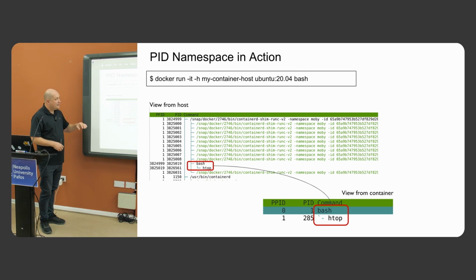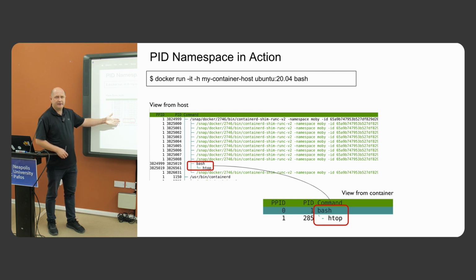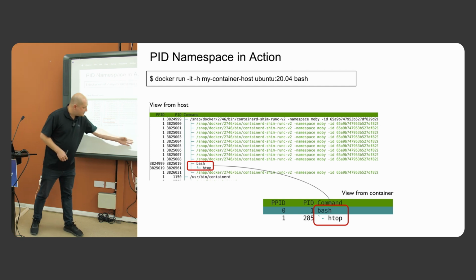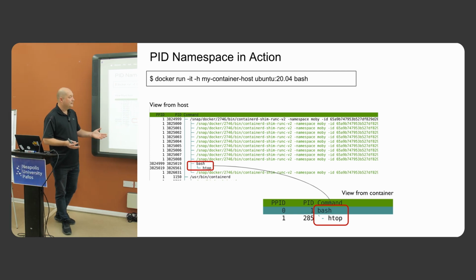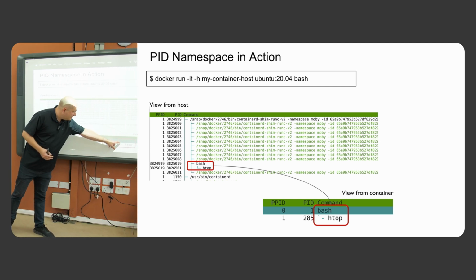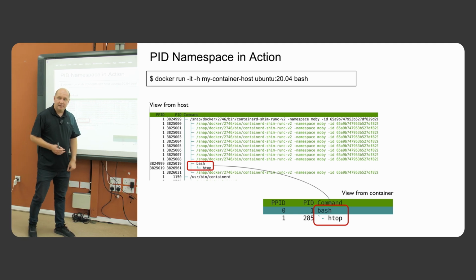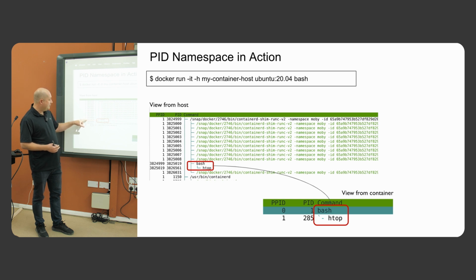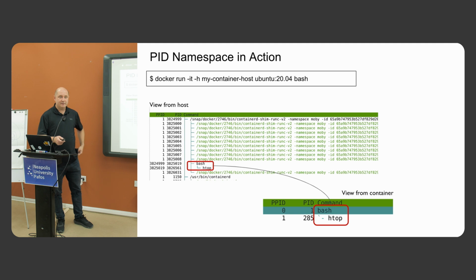So if I do this, I will have a bash running as my process 3, no problem. But if I go inside the container, I will see this process. Only two processes, right? That's it. And again, this bash has number 1, and has parent number 0. But here, it has a number too long to read, and there is no 0 somewhere above.